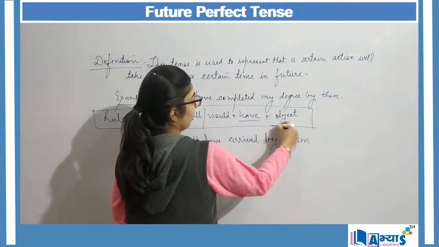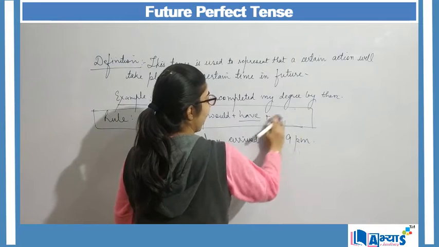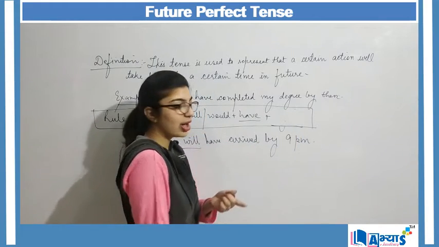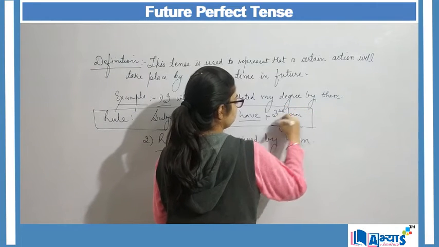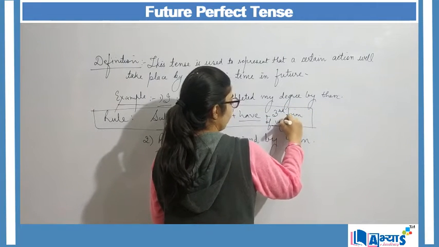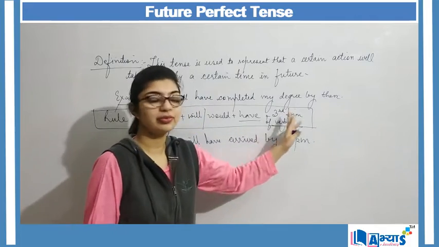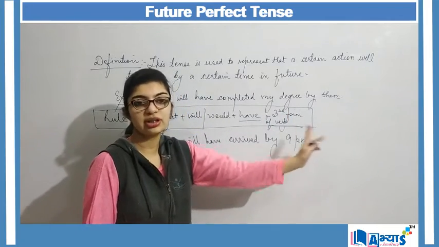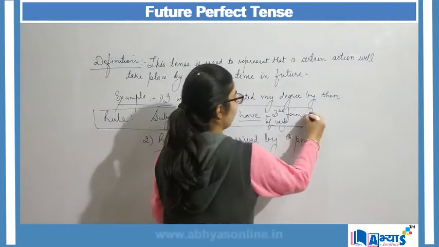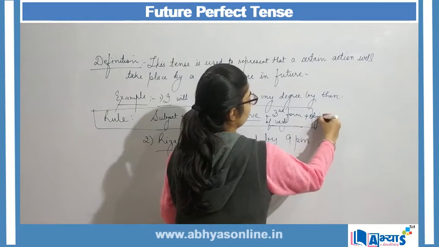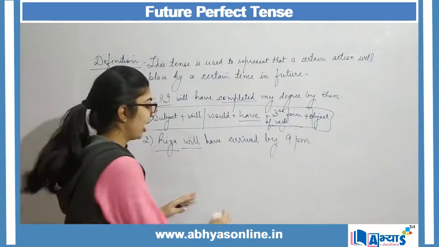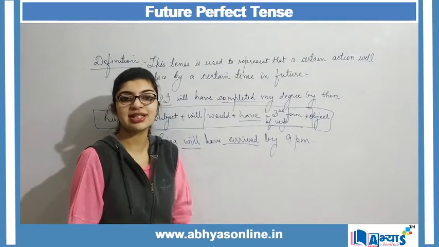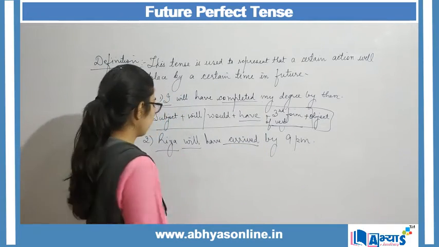Here I will not say have plus object. We missed one thing, that is the third form of verb. Have will always follow the third form of verb, and then we will say the object. Because completed over here was my third form and arrived in the next sentence is my third form of verb.